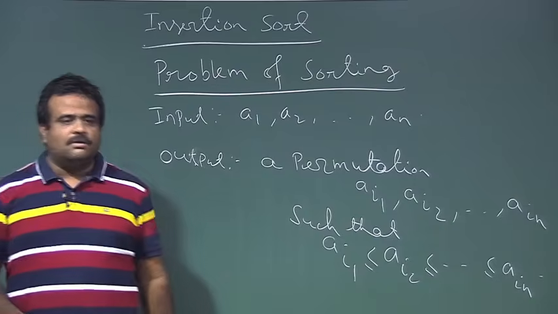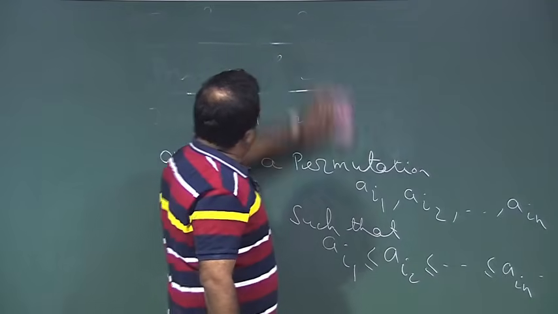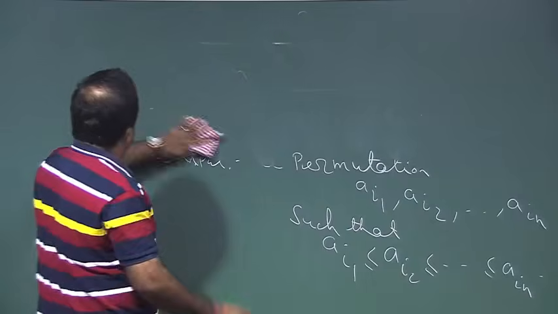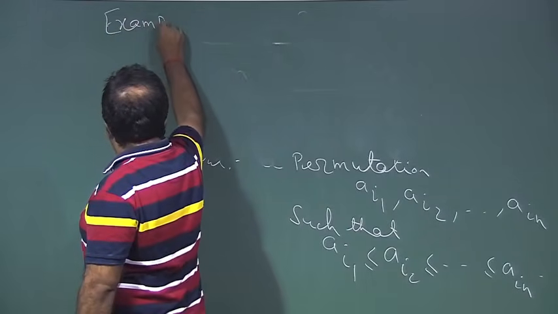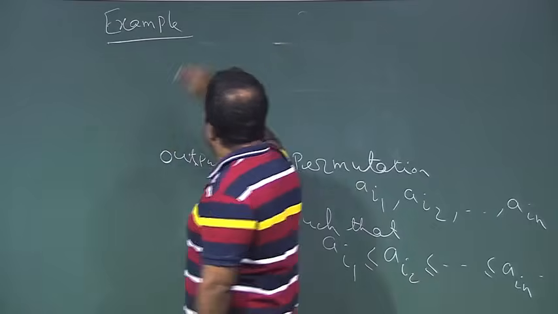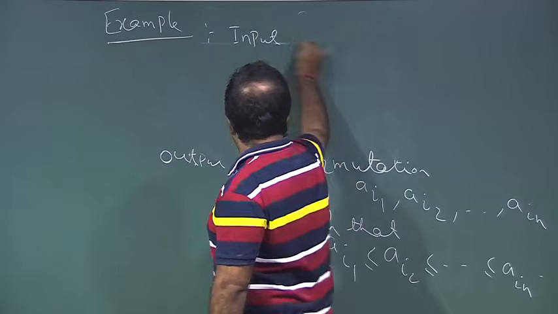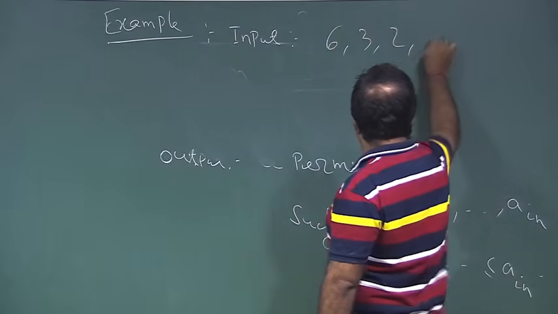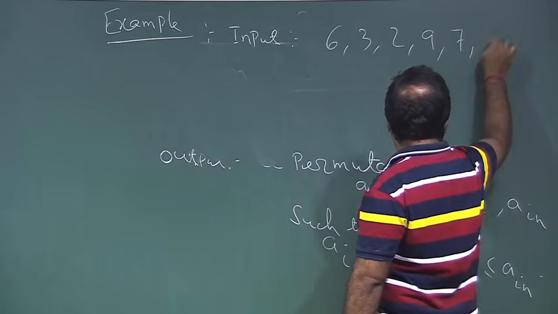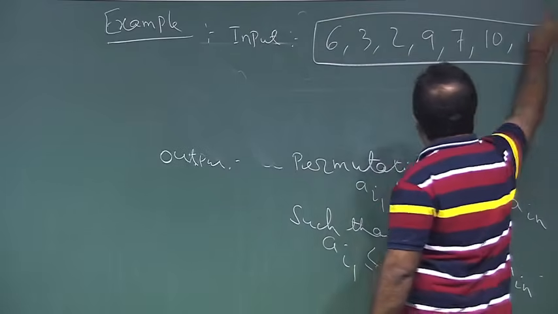Now, for example, say we have the input 6, 3, 2, 9, 7, 10, 11.